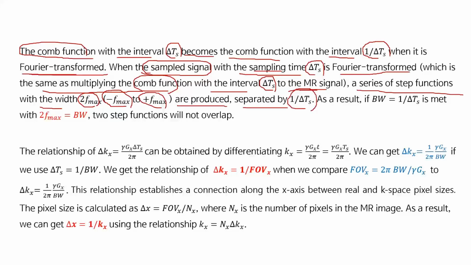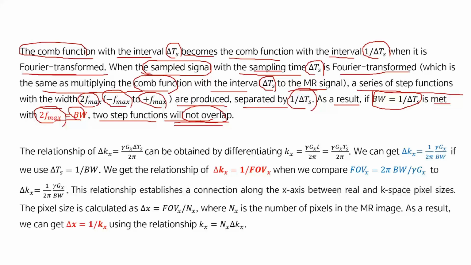We already saw the figure in the previous slide. As a result, if the bandwidth is met with 1 over delta ts, then the two step functions will not overlap. This also could be seen in the previous slide.